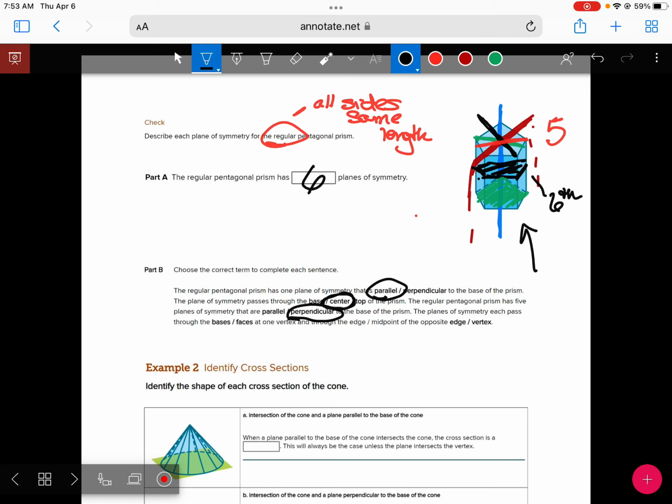The planes of symmetry each pass through either the bases or faces at one vertex. Is it passing through the base or the face?